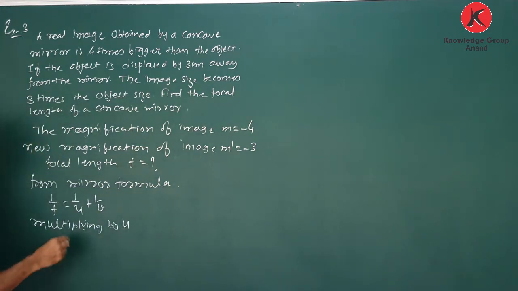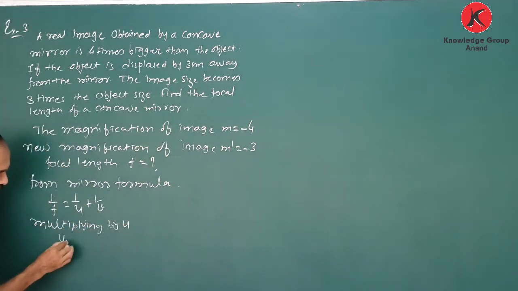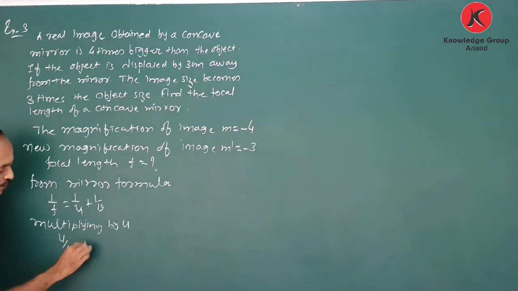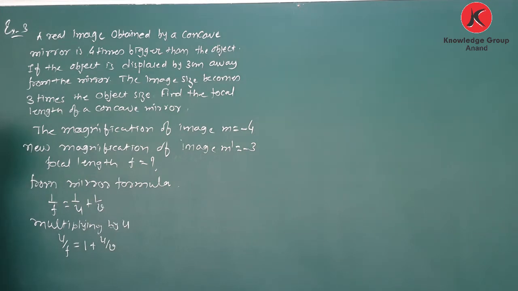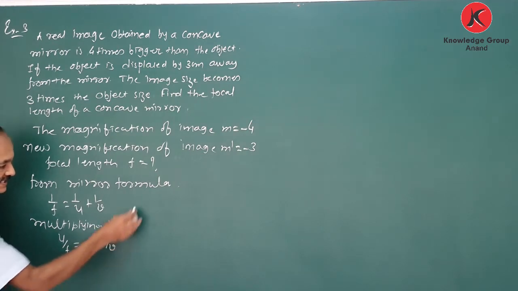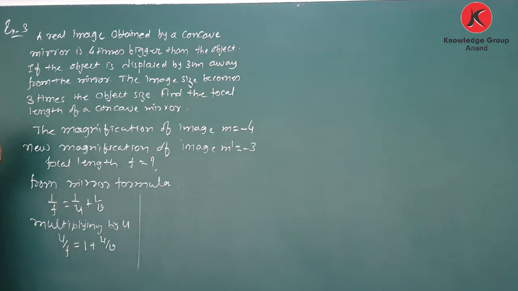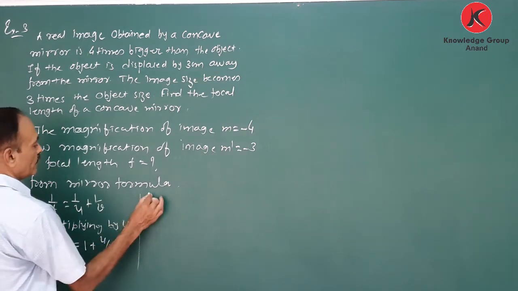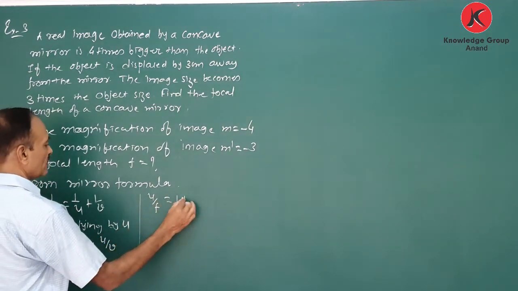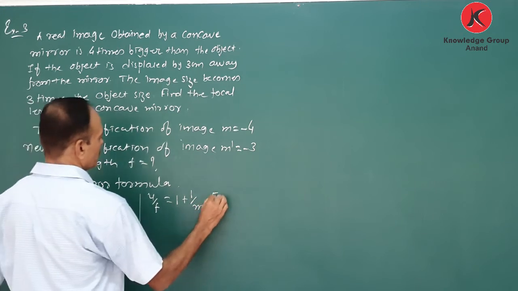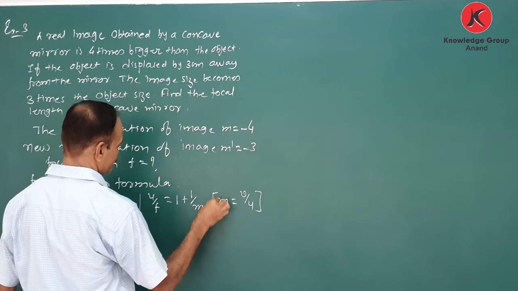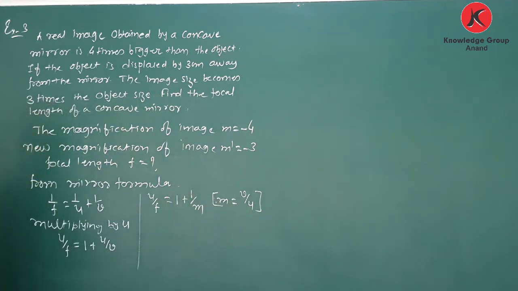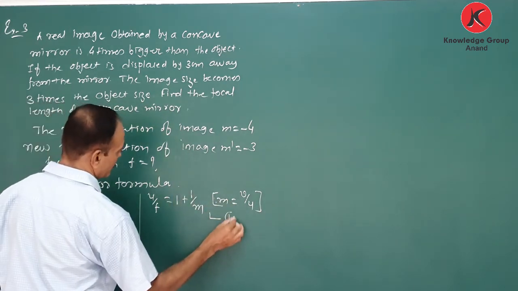Therefore u upon f is equal to 1 plus u upon v. Now we substitute u by v as 1 upon m. Therefore u upon f is equal to 1 plus 1 upon m, because m is equal to v upon u. This is equation number 1.